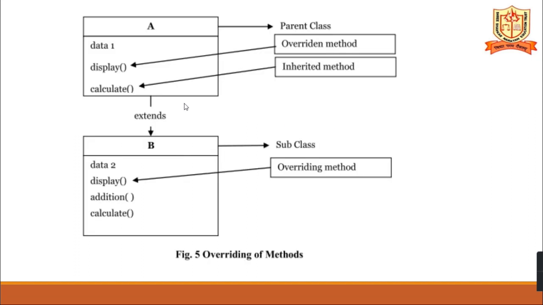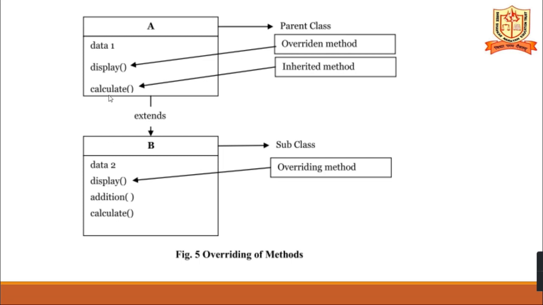So we'll see how method overriding works. This is the parent class: A is the parent class and B is the subclass. In the parent class A, we have the display method, with no arguments, and a calculate method. Here class B extends class A, and the display method is there.